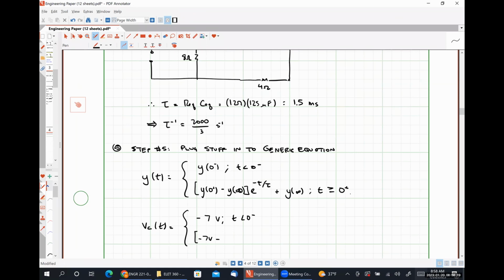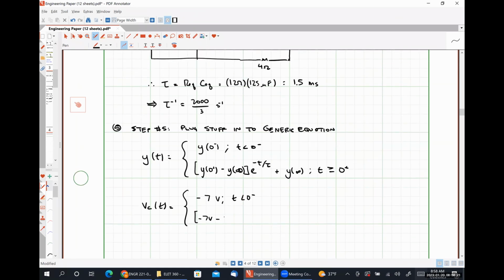Yep. E to the negative t over 1.5 milliseconds plus 17 volts for t greater than or equal to 0 plus.